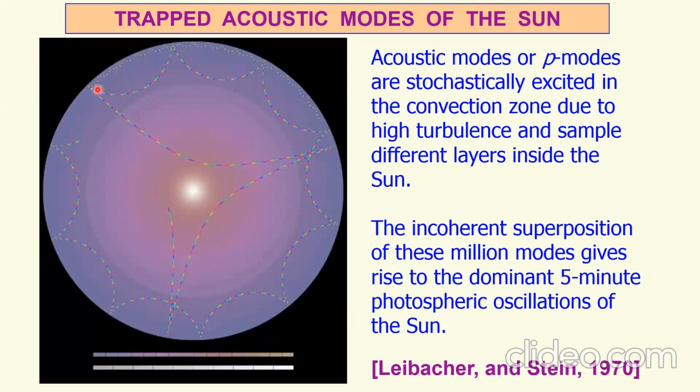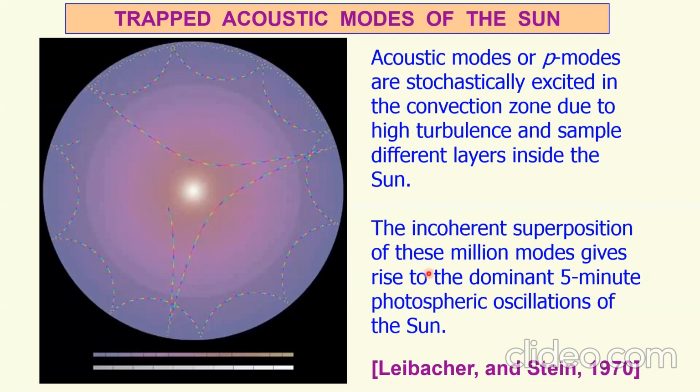So there are a variety of waves which are excited, and these waves sample the different layers of the sun. Now the sun behaves like an open organ pipe, and looking at the size of the sun, nearly 1 million modes are excited in the sun. However, these are not coherent.